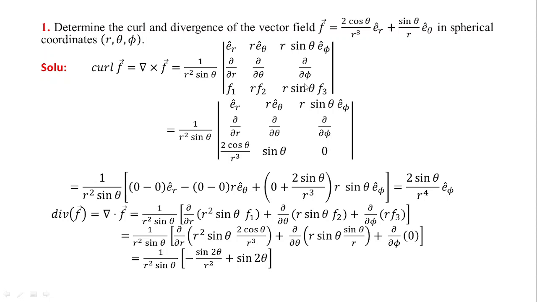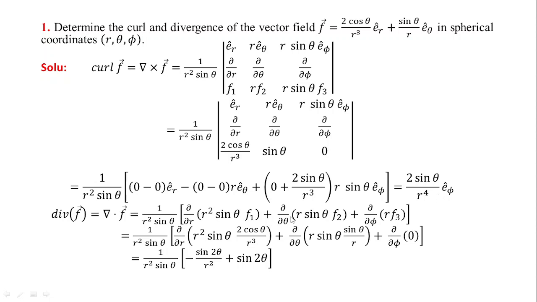Substituting these values in the curl formula, in this determinant, and solving it, we find 2 sin theta by r power 4 e phi. That is the curl of the given vector field f.